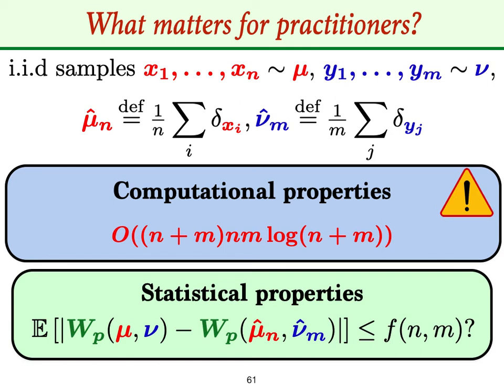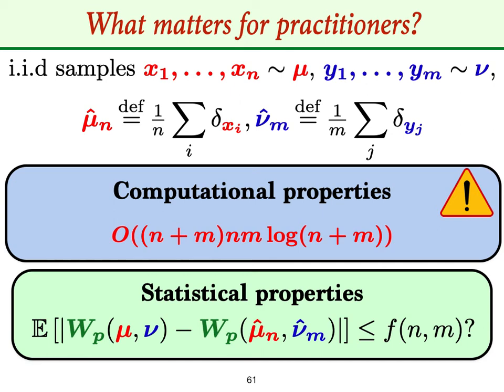Essentially, it tries to understand the difference between the actual Wasserstein distance between two densities, which you will never have access to, but which we would ideally want to compute if we had access to infinite data, and the Wasserstein distance that you will be left computing between your samples.